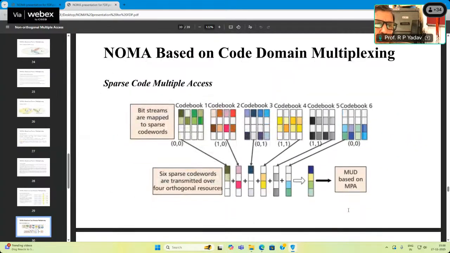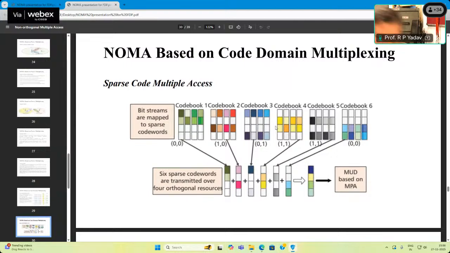Now this is NOMA based on code domain multiplexing. What happens in the code domain multiplexing? You have sparse code words. So you have bit streams which are mapped to sparse code words. That means each user will have a code word. So this is the code book. In this code book, we have 6 sparse code words. They are transmitted over 4 orthogonal resources. So, 1, 2, 3, 4, 5, 6, we have sparse code words, the code book.